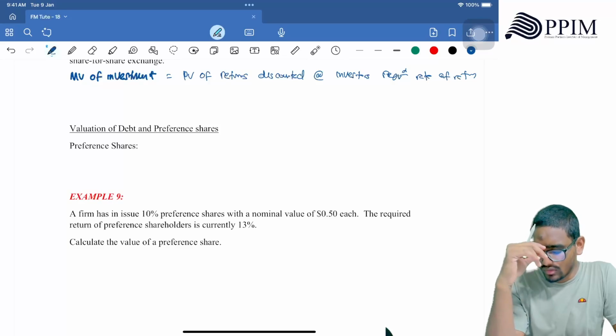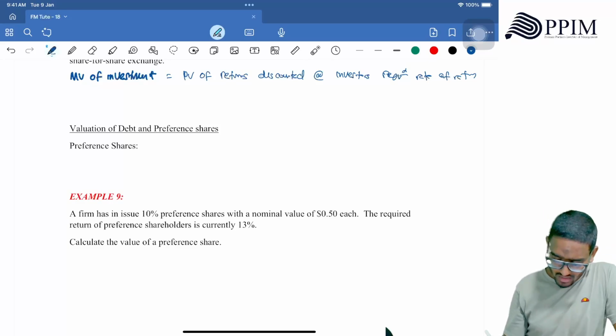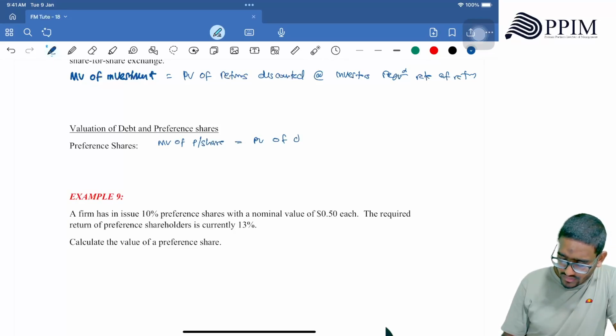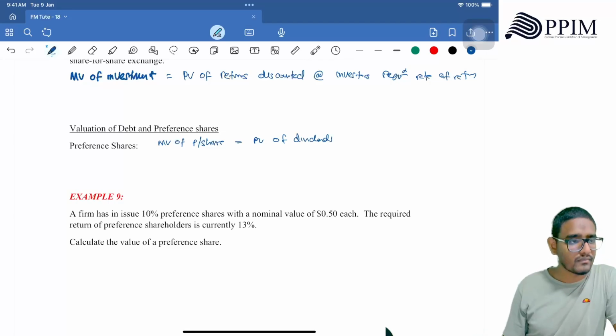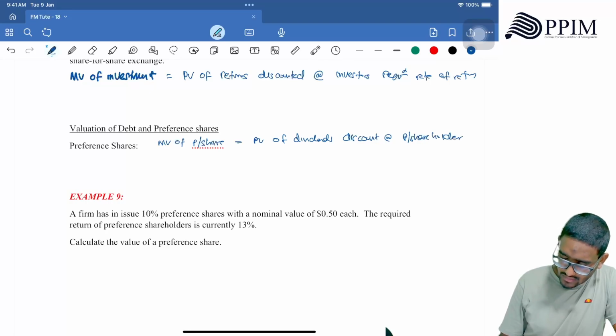So when it comes to valuations, very straightforward, use the same equation. For valuation of debt or preference shares, we're looking at preference shares initially. Your market value of preference shares has to ideally be equal to the present value of dividends, discounted at preference shareholders' required rate of return.